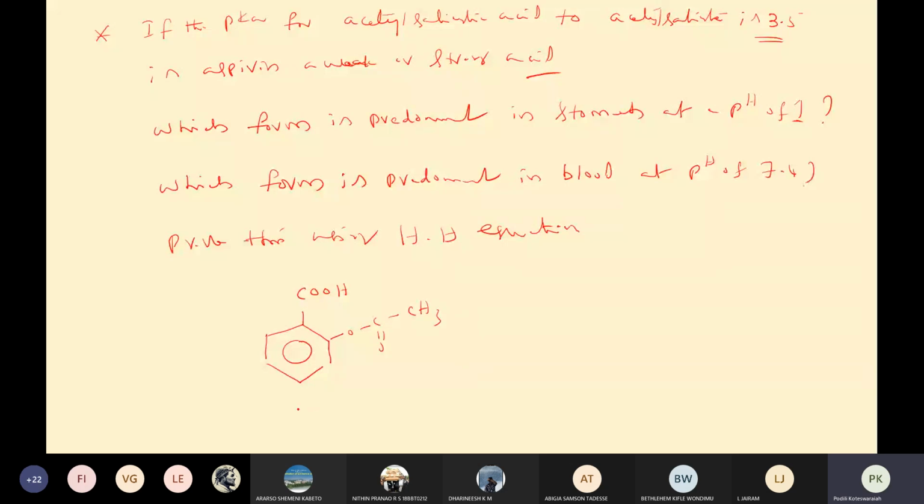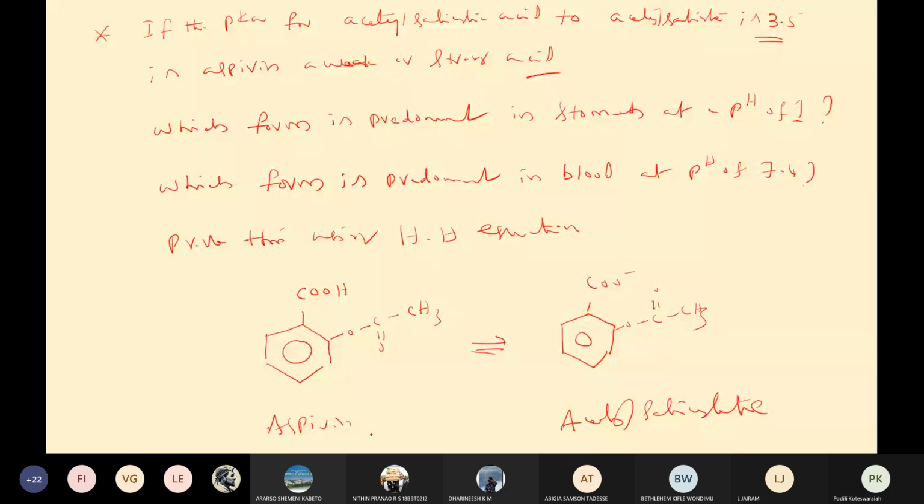So this is aspirin, and its ionized form is COO minus, acetyl salicylate.